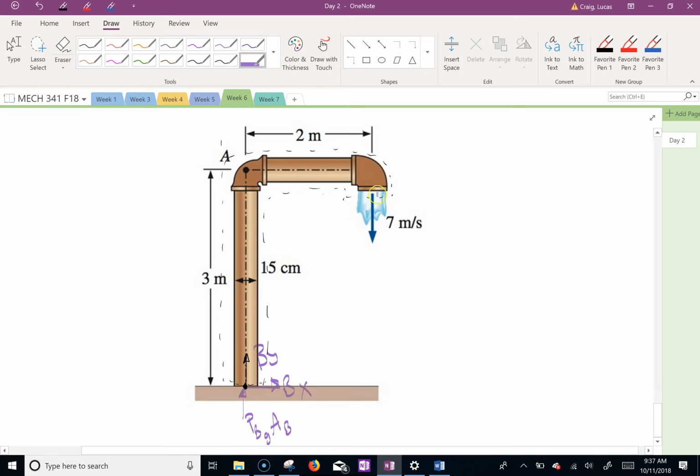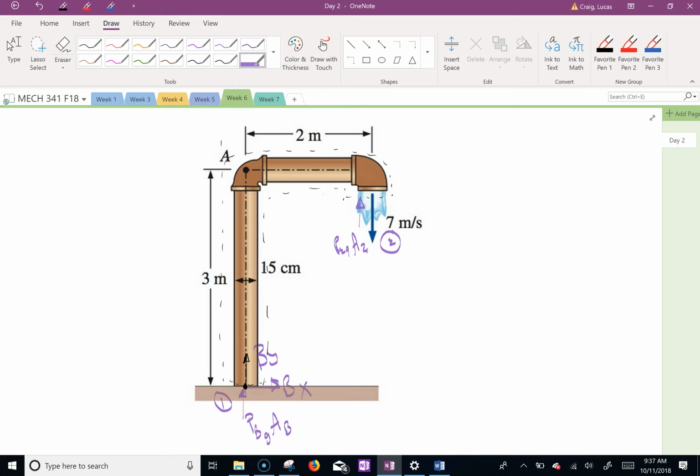Then we have this would be coming in, maybe point 1, and this is point 2, essentially, and this is P2 gauge A2. But that's atmosphere, right? And that goes away. And actually, atmosphere acts all over this whole control volume, but they all cancel. All right.